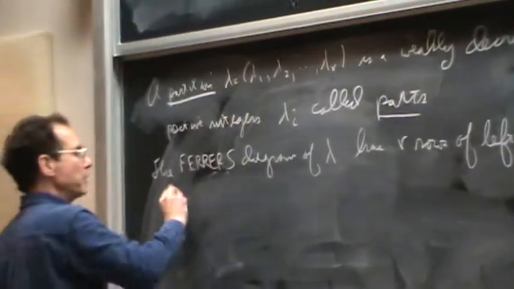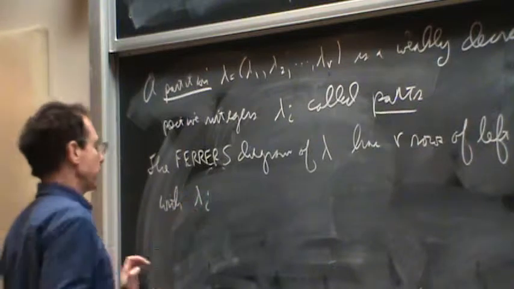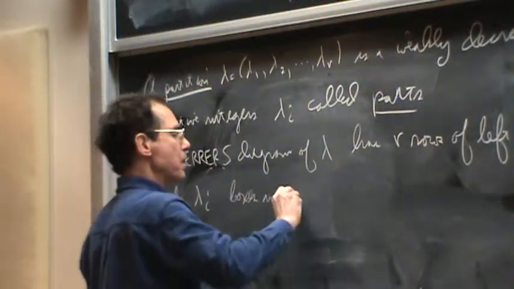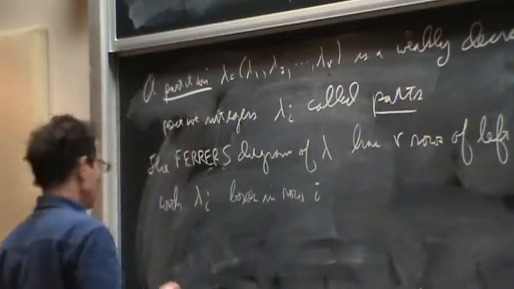And the lambda i's tell you how many boxes to put in row i. So lambda i boxes in row i.